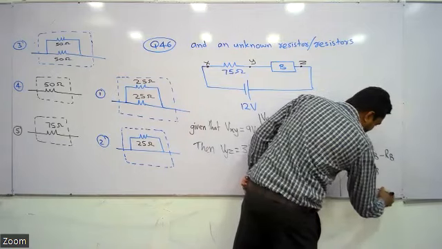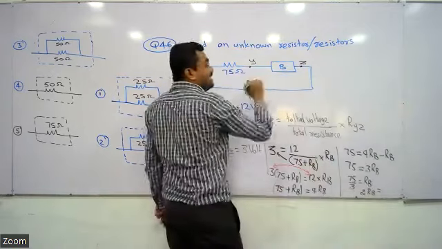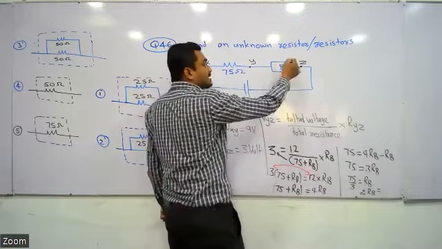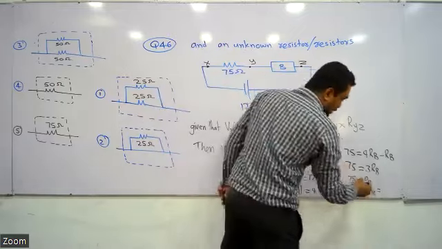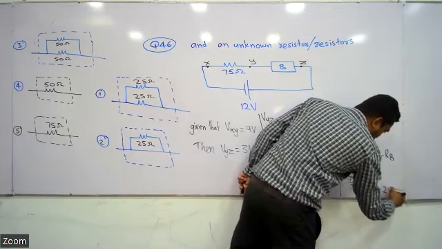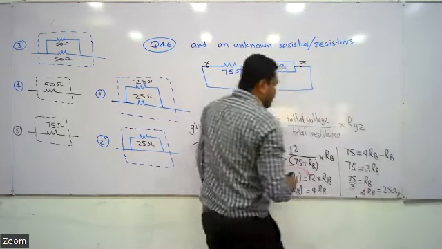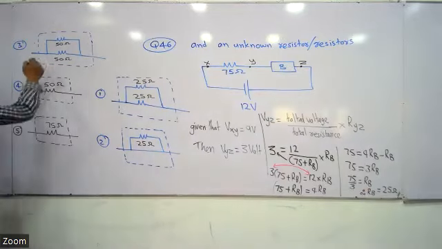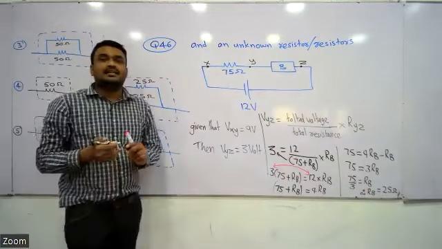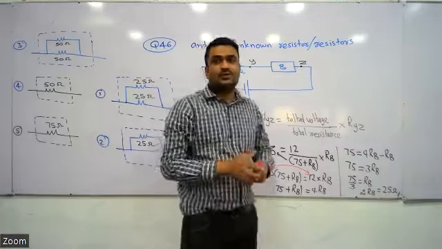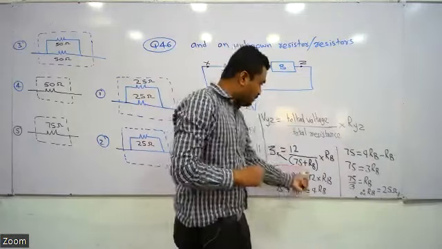Therefore, the resistance between Y and Z, or the resistance inside this box, is 75 divided by 3, which means 25 ohm. Right? So, among the 5 answers, we have to find the combination which gives 25 ohms. Write them all.